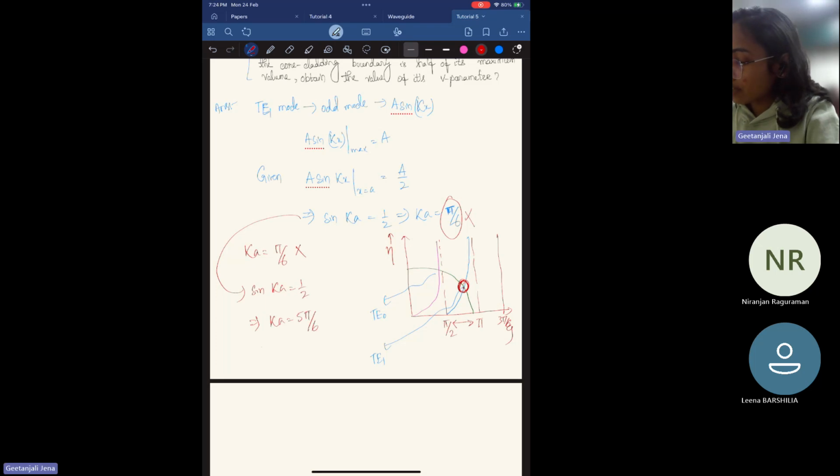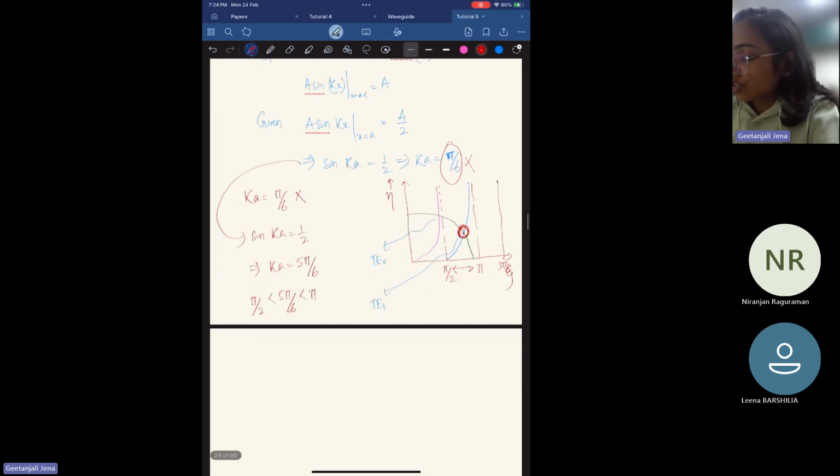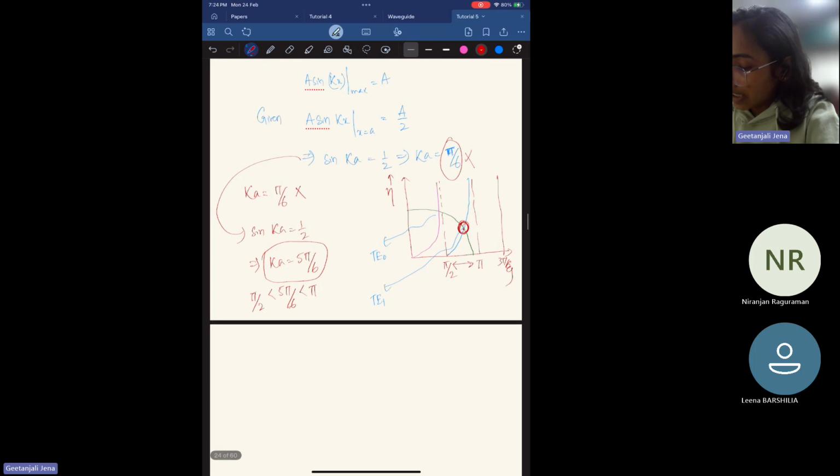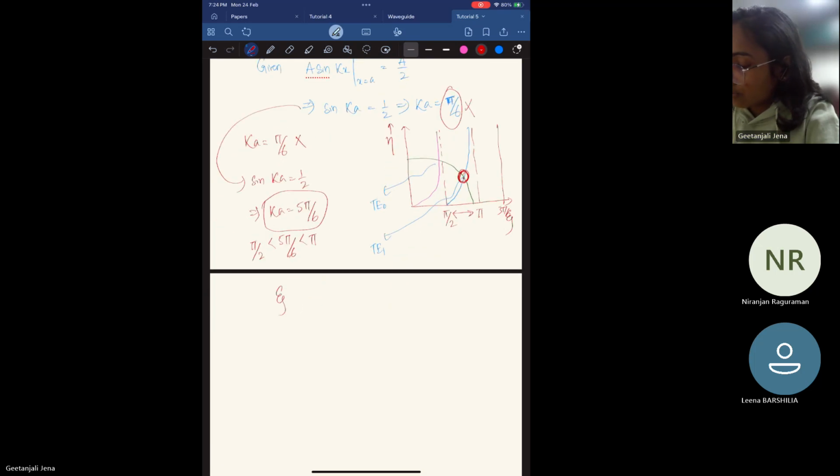And this lies between pi by 2 to pi. So that means the correct answer should be 5 pi by 6 instead of pi by 6. So you need to be careful here. So zeta value is 5 pi by 6.